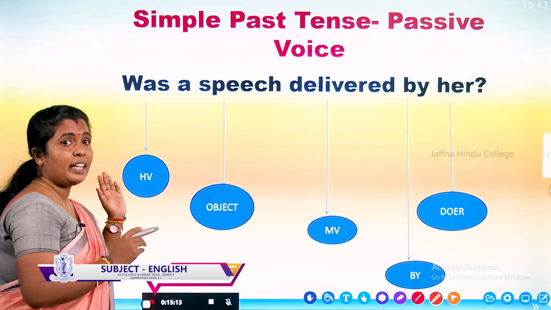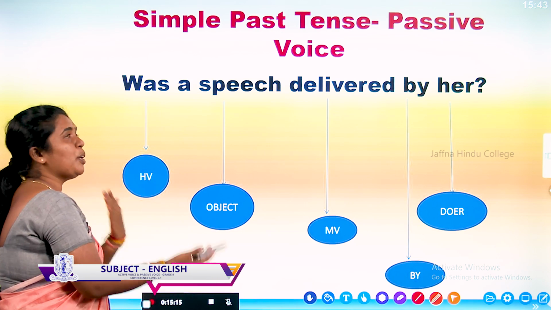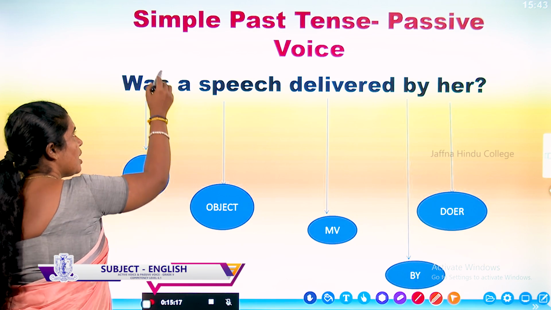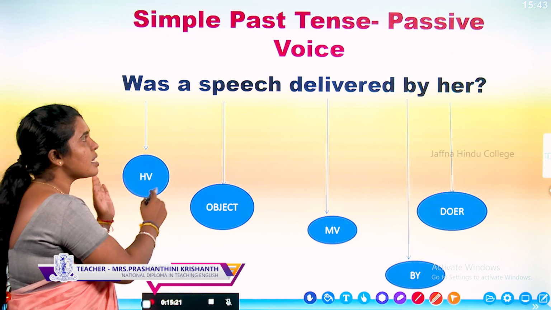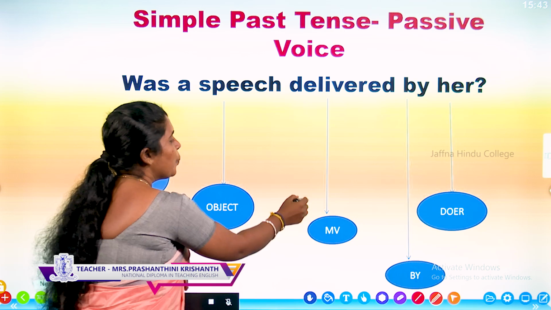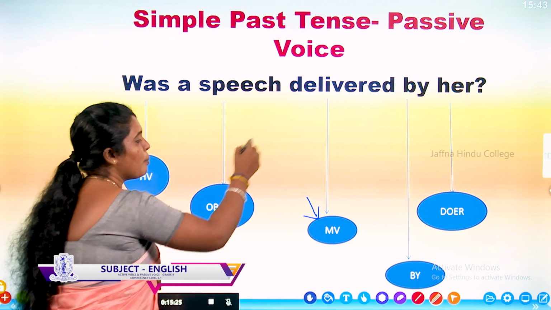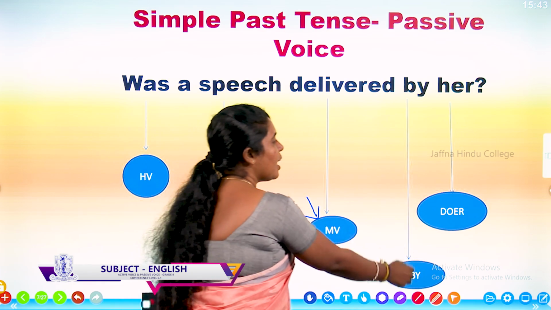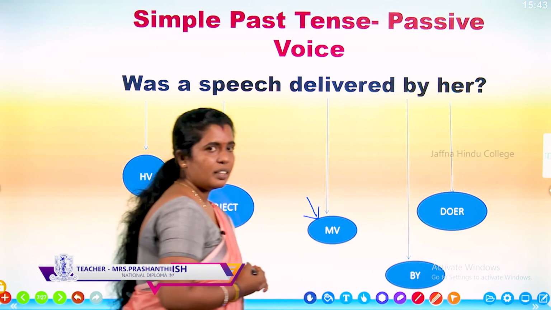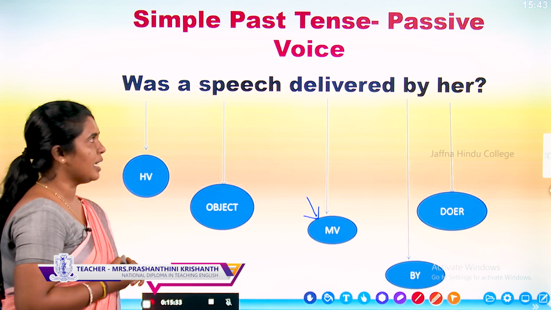For when we are making questions, we have to take the helping verb first. So, was, then you have to add the object. Was a speech, past participle form of main verb, delivered, by the doer, okay, by her.